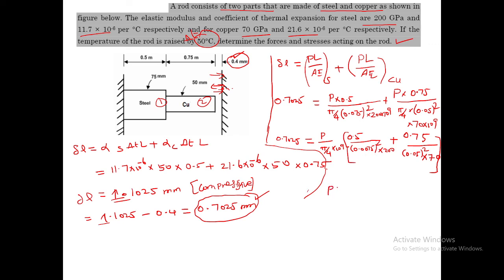Solving the above equation, we get the value of P equal to 116.6 kilonewton.